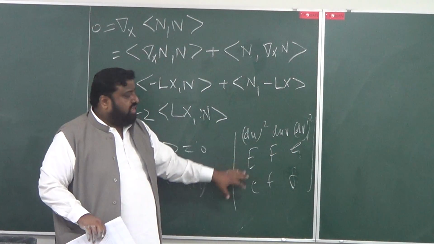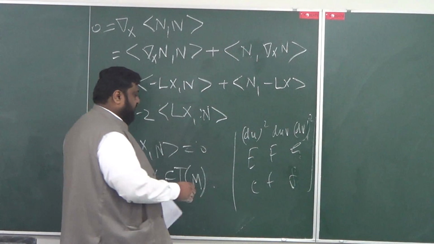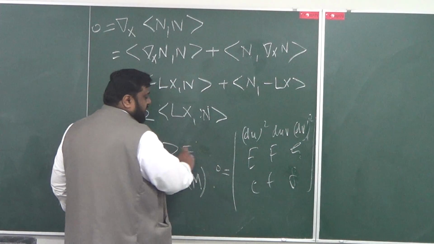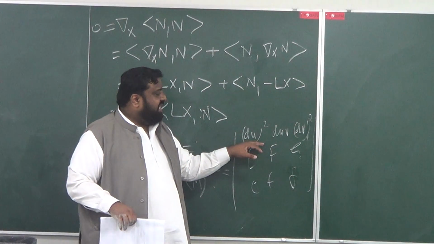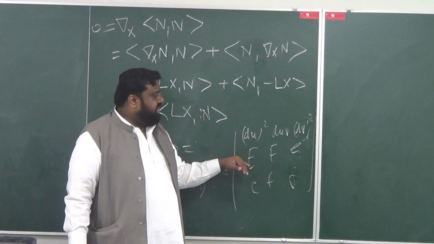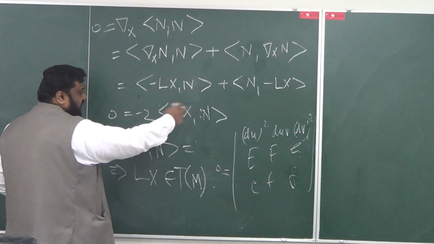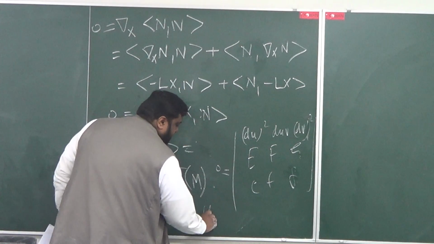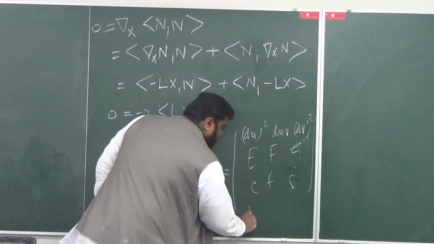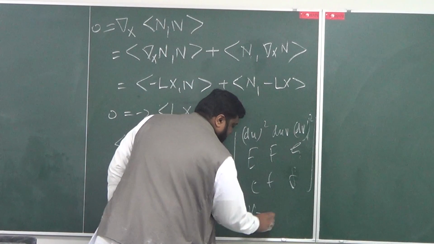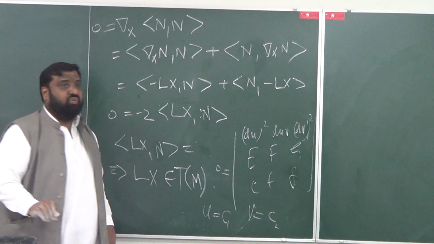So if you solve it and equate it to 0, by solving this determinant you can get an answer as u equal to c1 and v equal to some constant c2.